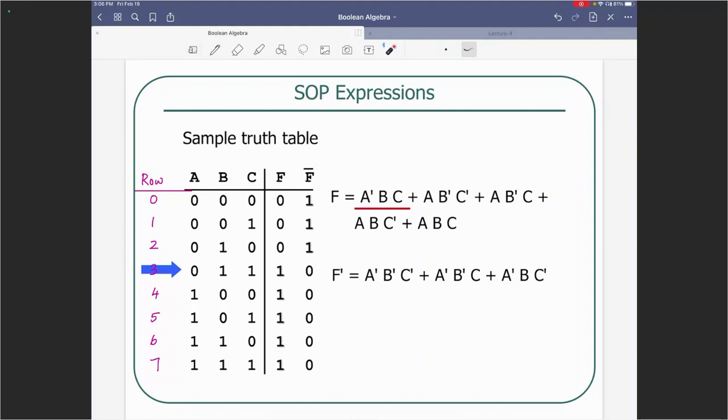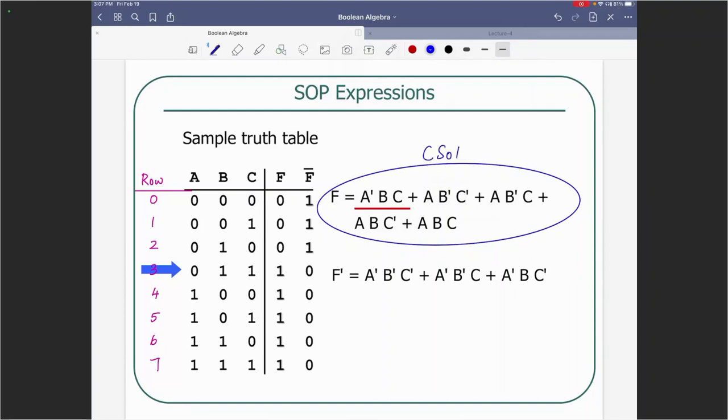So what do I have here? What should I call this particular expression? Canonical sum of products is absolutely right. It has all the minterms. I have ORed, summed all the minterms.